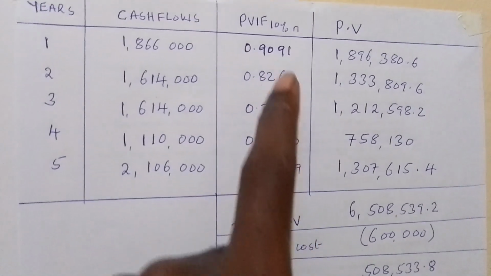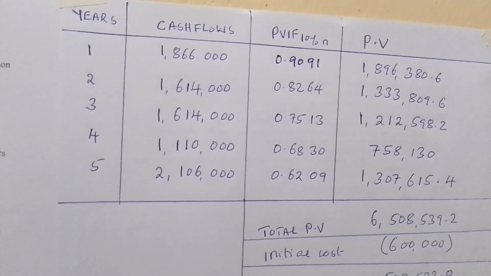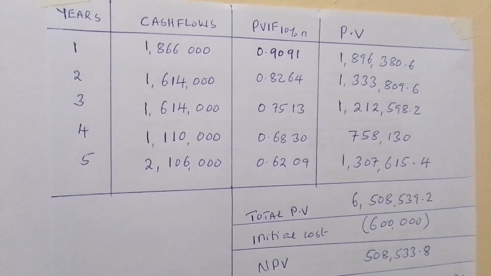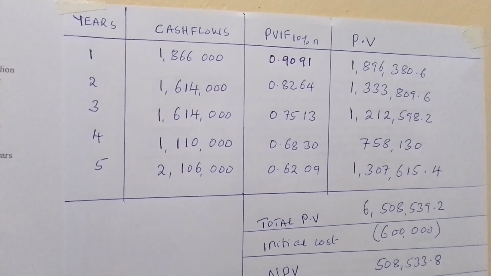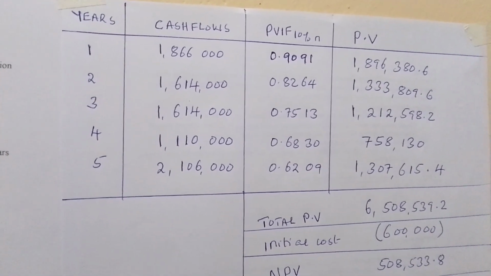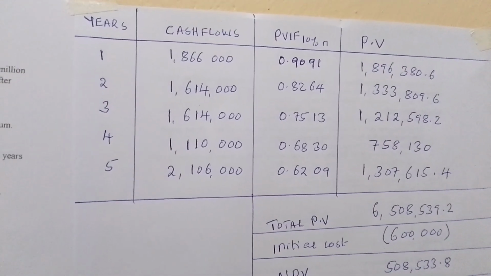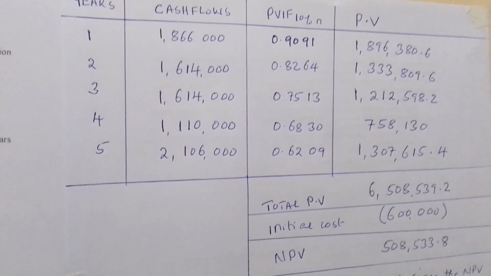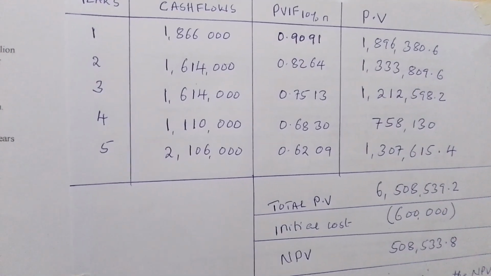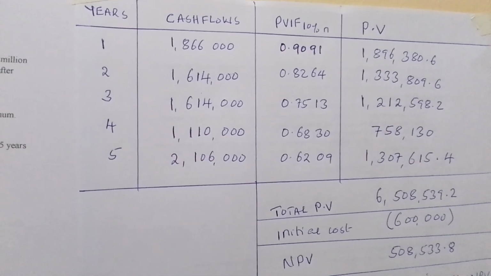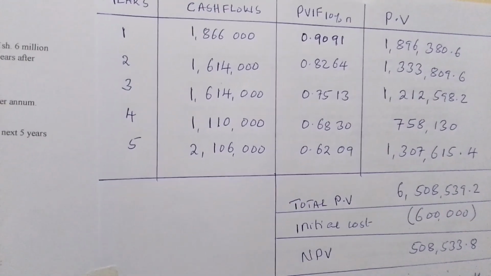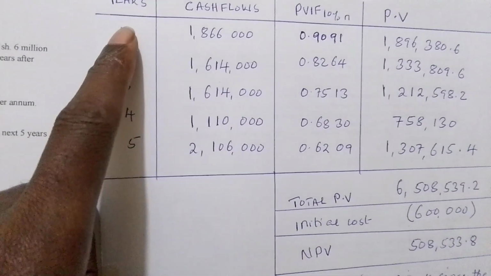You can either read these numbers from the present value interest factor tables, or you calculate them by taking 1 plus r, close the brackets, raised to negative n. For instance, for year 1, we take 1 plus 0.1, where 0.1 means 10%, close the brackets, raised to negative 1, because we're in the first year.